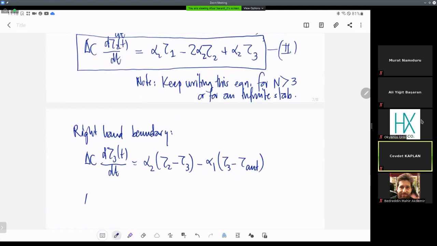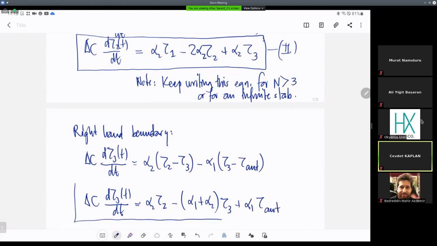So tau 3 dot is equal to alpha 2 tau 2 minus (alpha 1 plus alpha 2) times tau 3 plus alpha 1 tau out. Okay, so that's your third state equation.